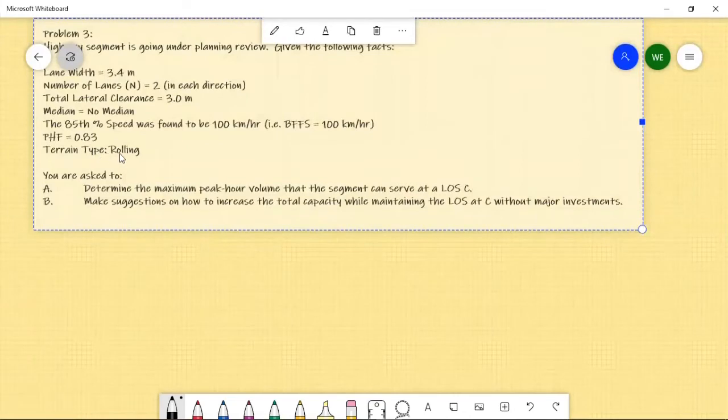The terrain type is rolling. You are asked to determine the maximum peak hour volume that the segment can serve at a level of service C, and make suggestions on how to increase the total capacity while maintaining the level of service at C without major investments.